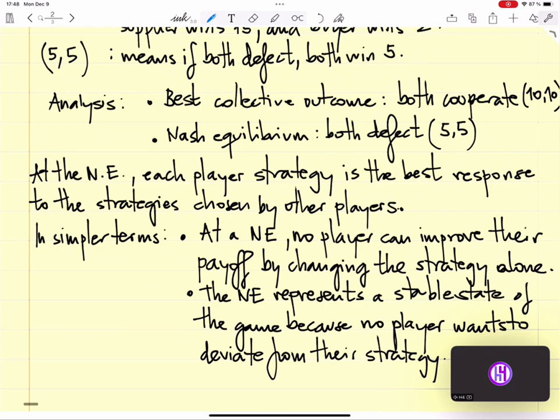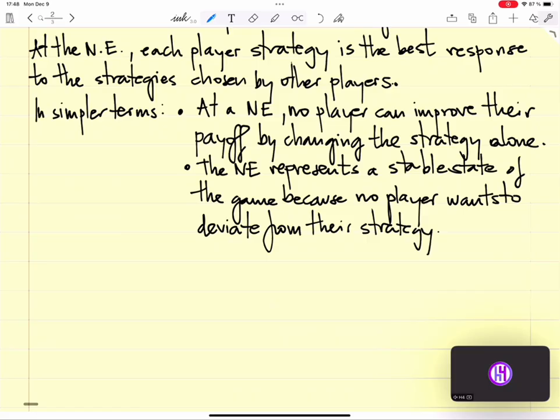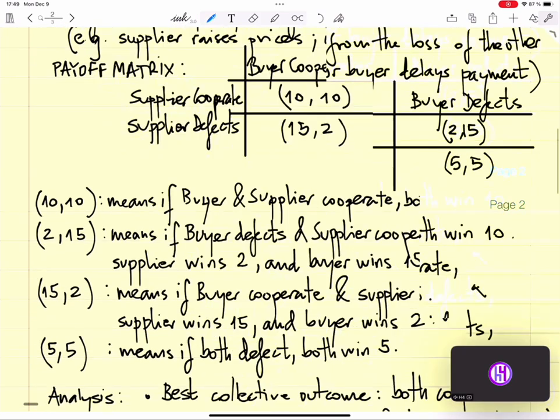And that's why it's called a prisoner's dilemma, because actually there is no incentive in changing the strategy and going from 5-5. I mean, they could win more by cooperating, but there is no incentive because they would need to change both at the same time their behavior from defect to cooperation.